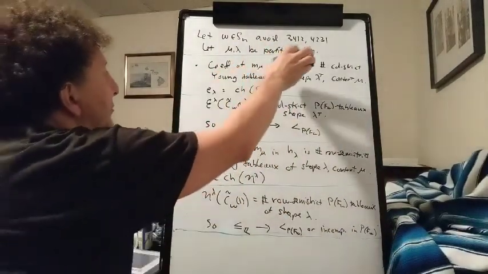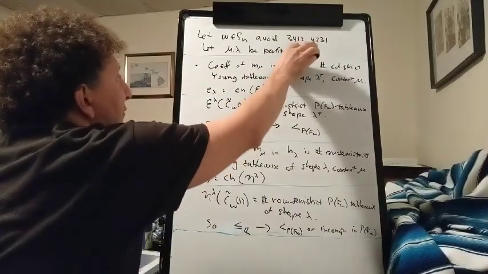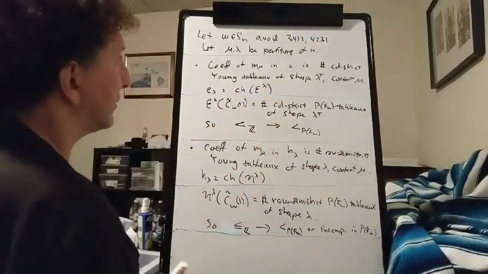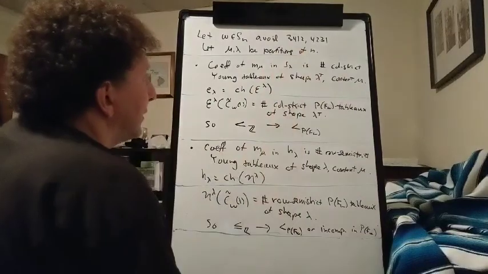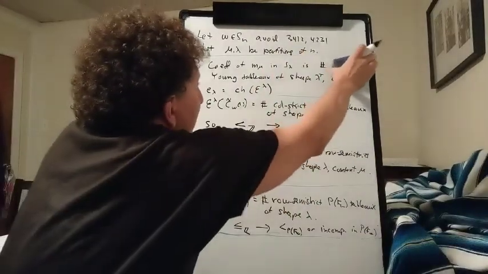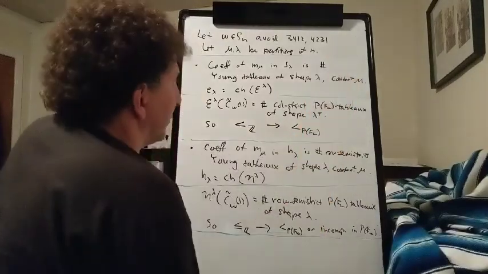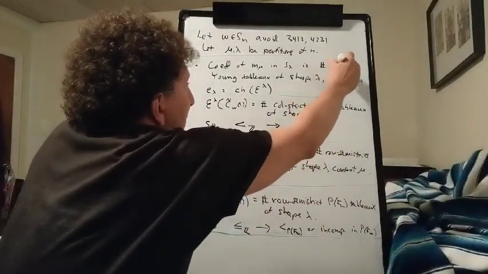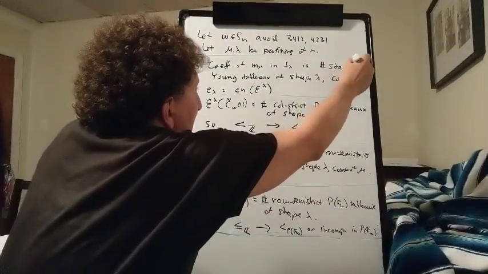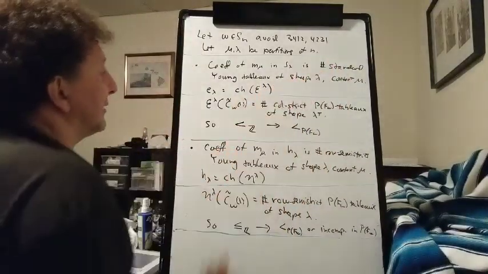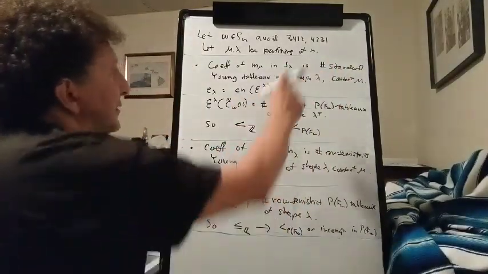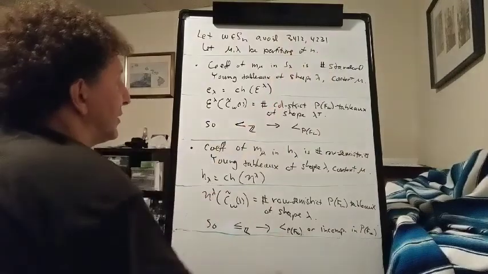The coefficient of m_mu in the Schur function s_lambda is the number of standard Young tableaux of shape lambda and content mu. Standard means column strict and row semi-strict.